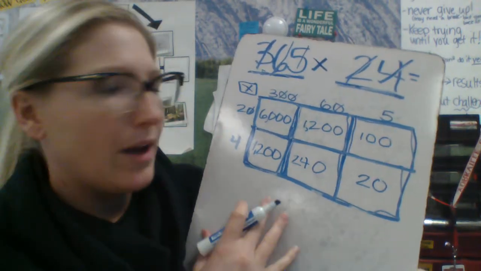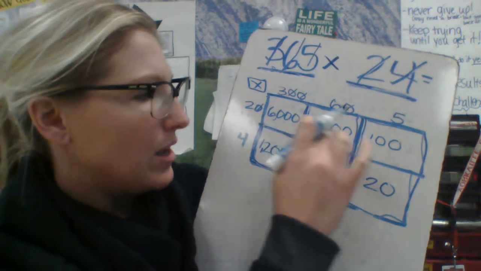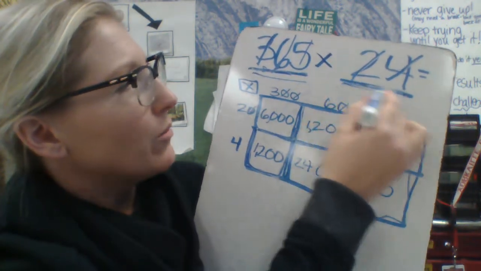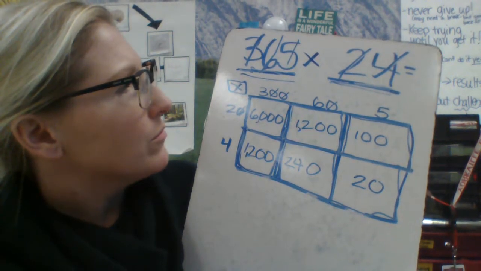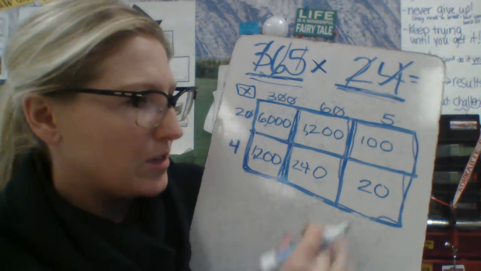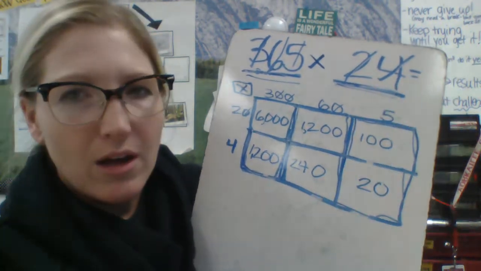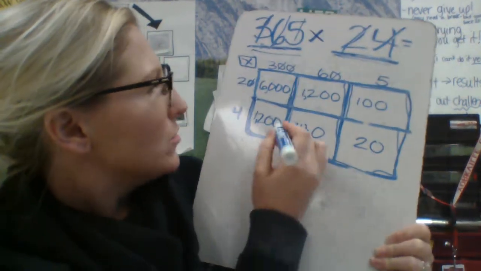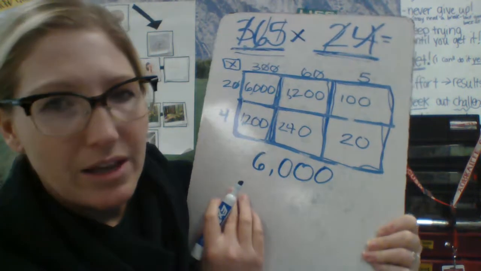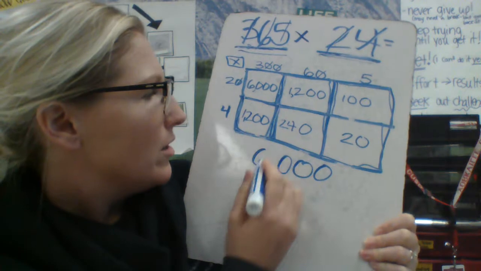And now I am going to just add each of these products up to get what this original problem was. So 365 times 24. Whatever we get from the sum of all these products will be our product. So the most challenging part here is going to be just making sure I line them up with the correct place value spot.